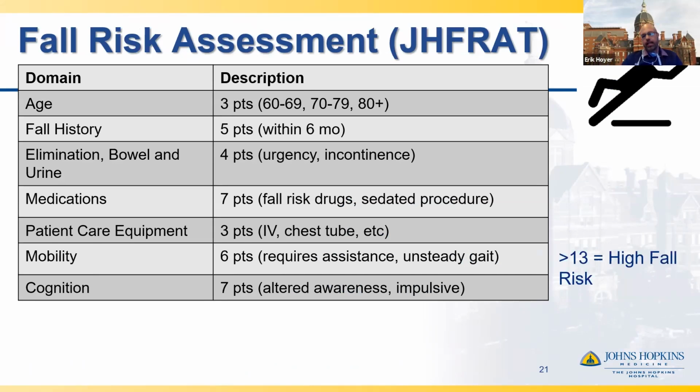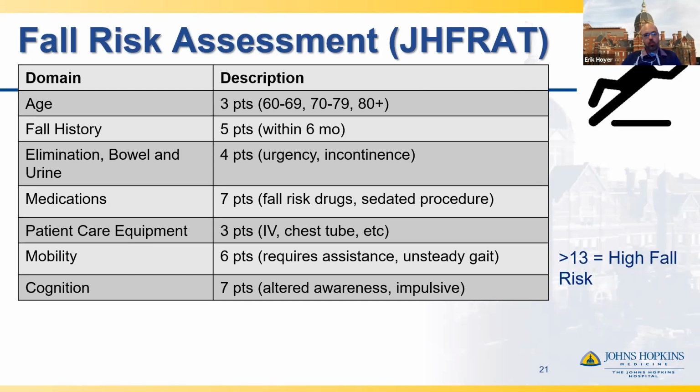The way they determined this is that there was a group of nurse leaders. They went into the literature and determined what were recognized as important risk points for falls, and in a consensus meeting, they came up with this fall risk assessment tool.